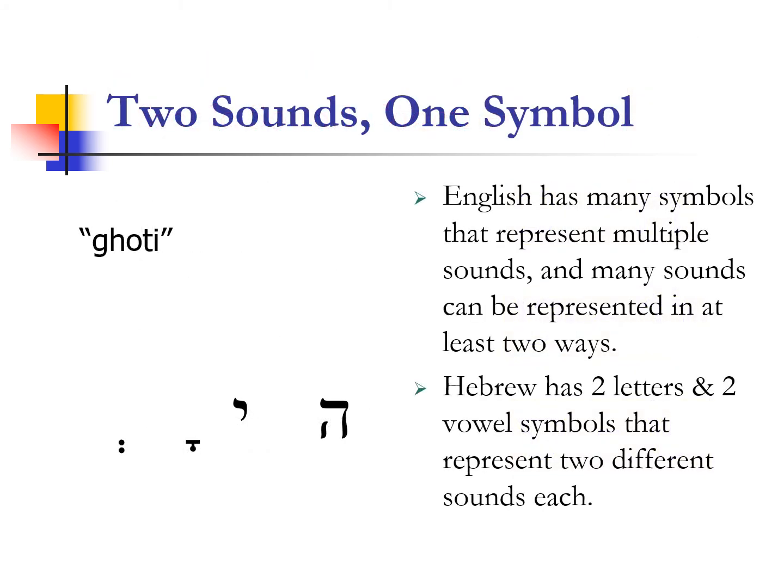Next, we come to the issue of 2 sounds represented by a single symbol. This is a place where English can make you crazy, because there are so many symbols in English that can represent multiple sounds. It sometimes feels like there are more exceptions than there are rules in English. So, for example, we have GHOTI. This is a word that is widely attributed to George Bernard Shaw. It is part of his case for spelling reform in English.